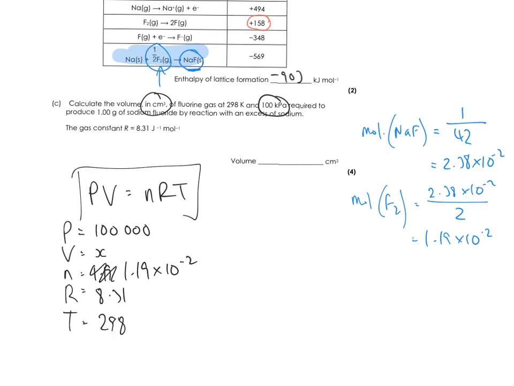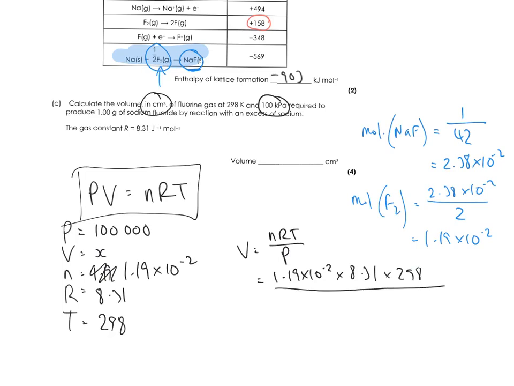So rearrange this to get volume by itself. So V is going to equal nRT over P, which equals 1.19 times 10 to the minus 2 times 8.31 times the temperature, 298, divided by the pressure in pascals, and that gives us 2.95 times 10 to the minus 4.